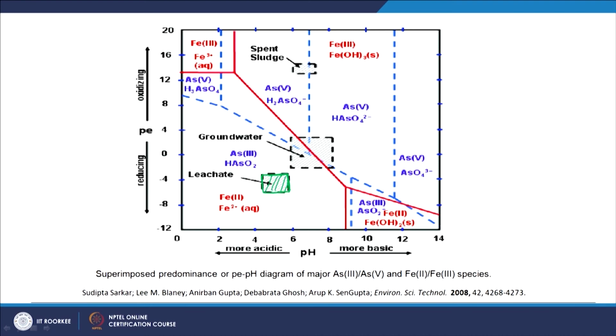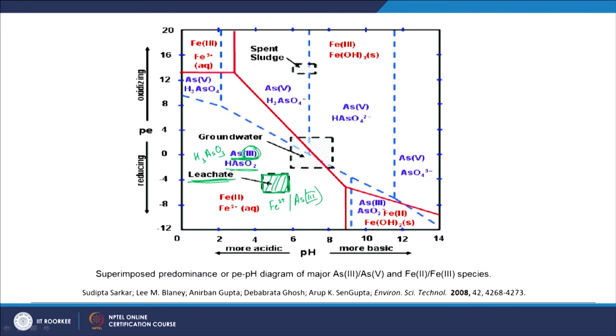So, what do you see in this pe-pH range, which corresponds to leachate from your mines? You see that arsenic stays as As3, in its oxidation state of 3+. It can also stay as H3AsO3, not just HAsO2, but both forms of arsenic are still 3+. But here you see that it is Fe2+ and arsenic in its 3 form.